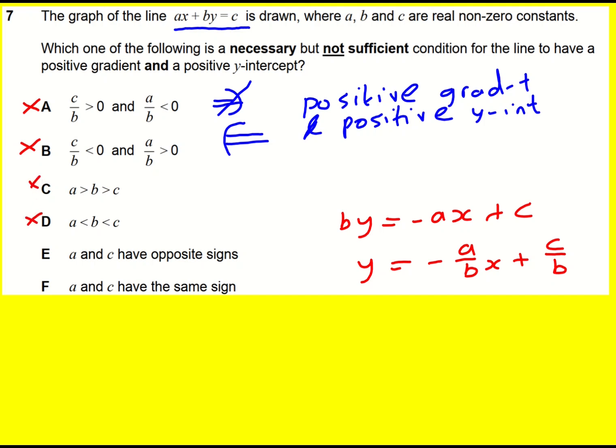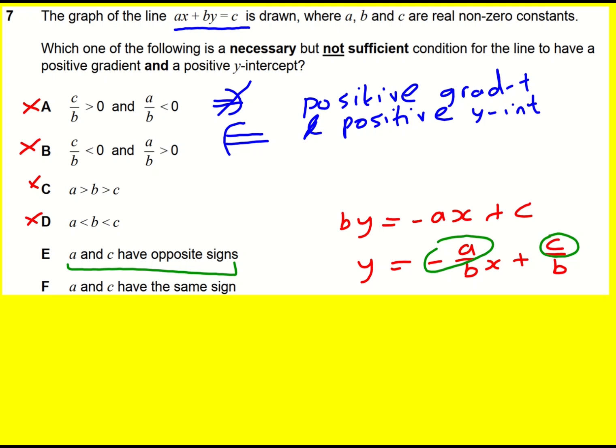And it's this next one we need to really think about. So if we have a positive gradient and a positive y-intercept, then whatever b is, we need minus a and c to have the same sign.